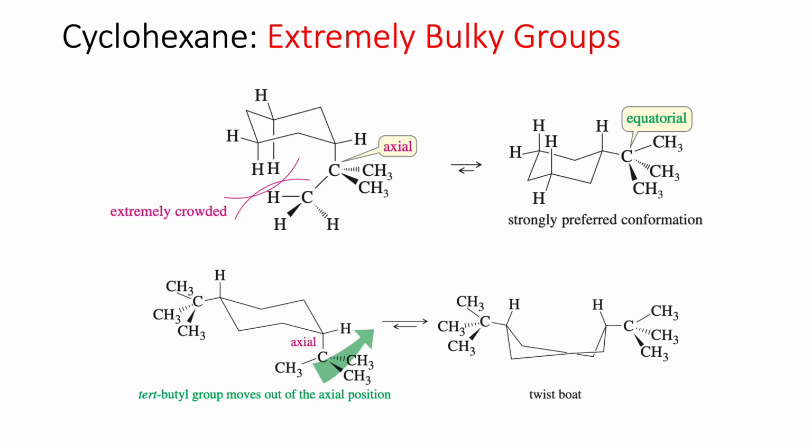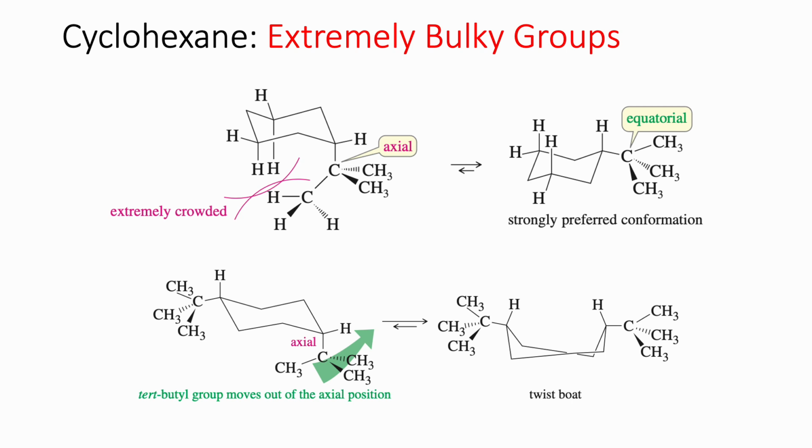So much so that we don't even really have to consider it. So much so that even though it's possible for a tert-butyl group to be axial, it is so unlikely at room temperature that we can say that 99.999999% of all of the molecules have that tert-butyl group being equatorial.